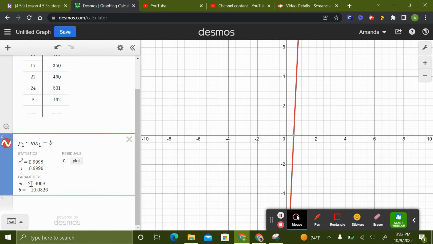And this tells us our m and our b for our equation, so we have 21.40 and negative 10.08. Those are going to be my slope and my y-intercept on my equation.